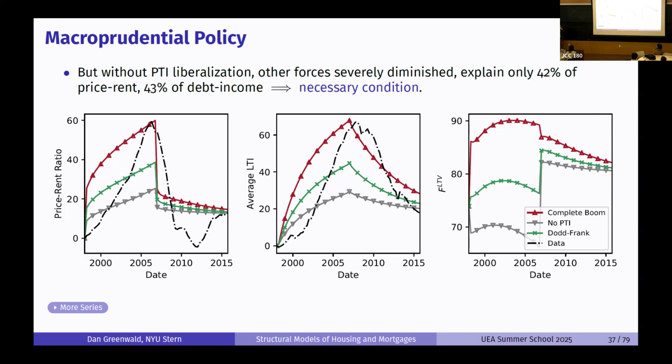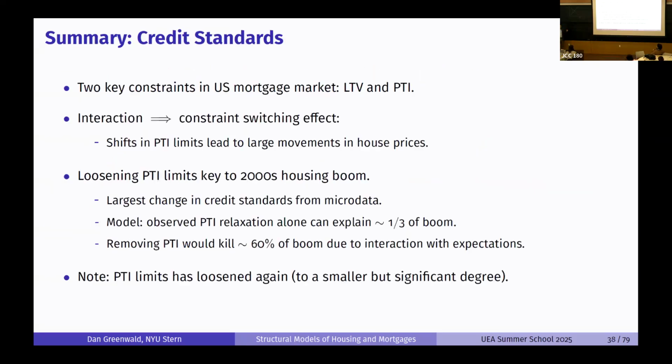Okay, so let's wrap up this part here. I'm happy to take questions, but I know I went a bit long with the first part. So let me just say that adding these constraints matters. Changing payments income can have a big effect on house prices because of this interaction effect, and it seems to be really crucial to explaining what happened during the boom. Relaxing it by itself explains about a third of it, but removing it would kill about 60% of the boom due to this interaction with expectations.